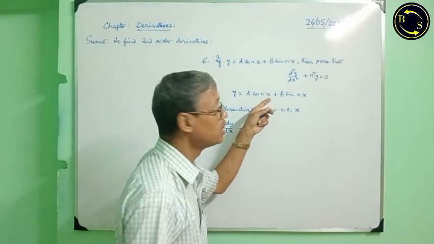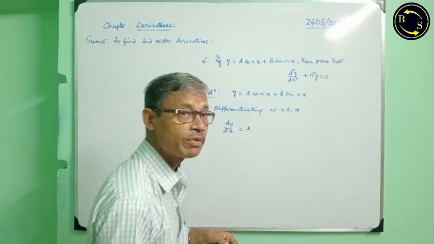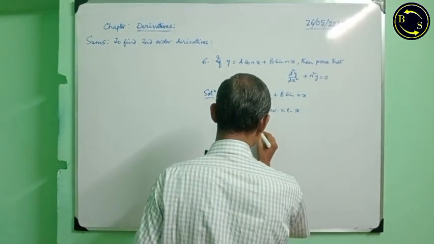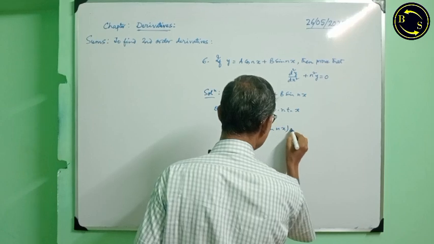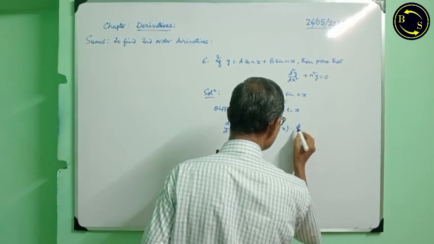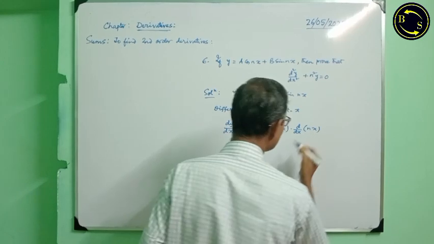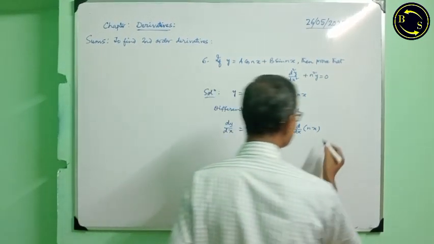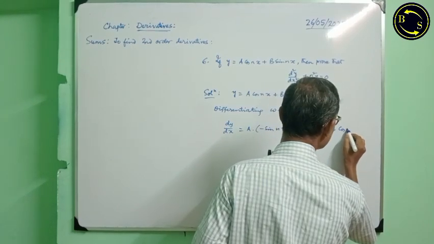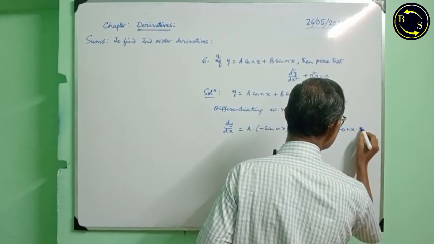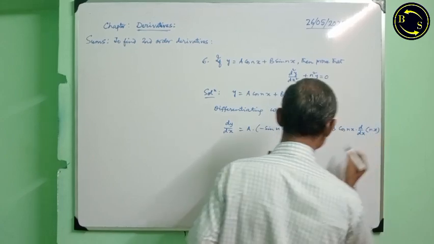The angle is nx, therefore the derivative of cos u where u equals nx is minus sin nx, into the derivative of nx, plus b cos nx into d/dx of nx.